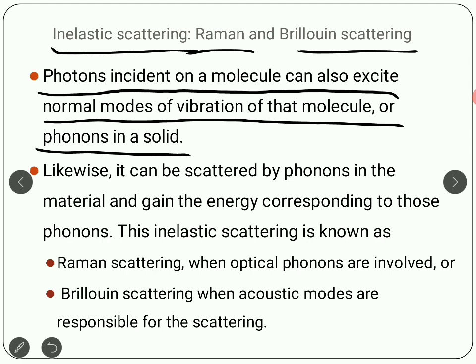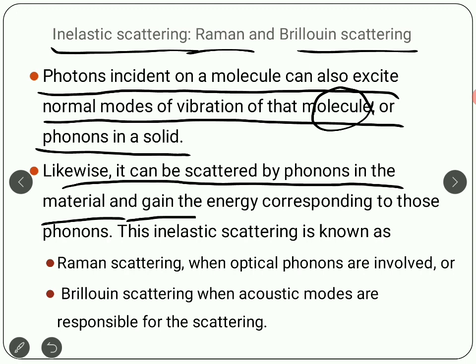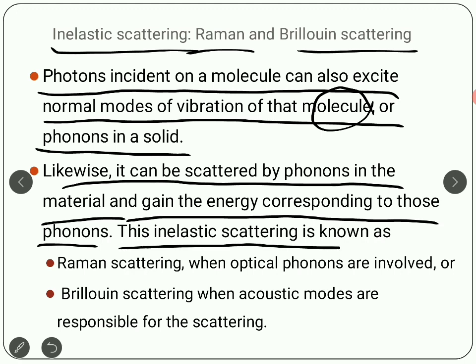Likewise, photons can be scattered by phonons in the material. So, we have phonon vibrations, and these photons can be scattered by the phonons, and will usually gain the energy corresponding to those phonons. This inelastic scattering is known as Raman scattering when optical phonons are involved.